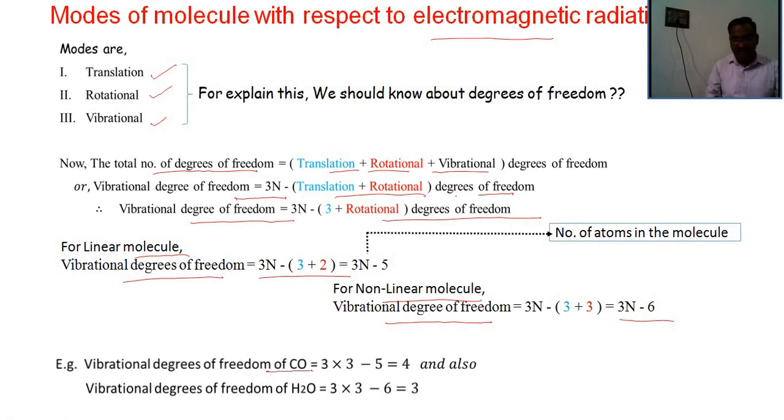CO means carbon monoxide: 3 into 2 minus 5 gives 1. For a non-linear molecule like the water molecule, the vibrational degrees of freedom is 3 into 3 minus 6, which is equal to 3. This is the way to find out whether a molecule is linear or non-linear based on vibrational degrees of freedom.